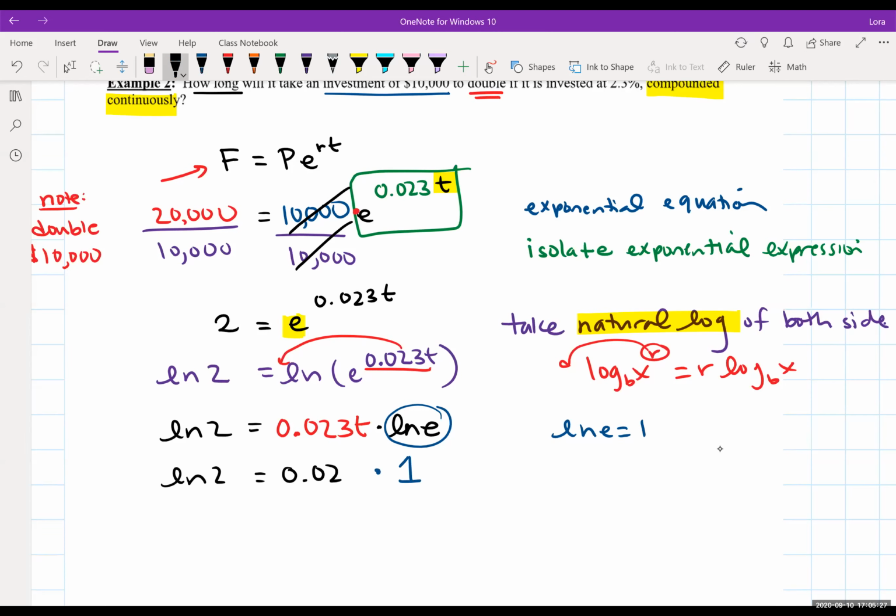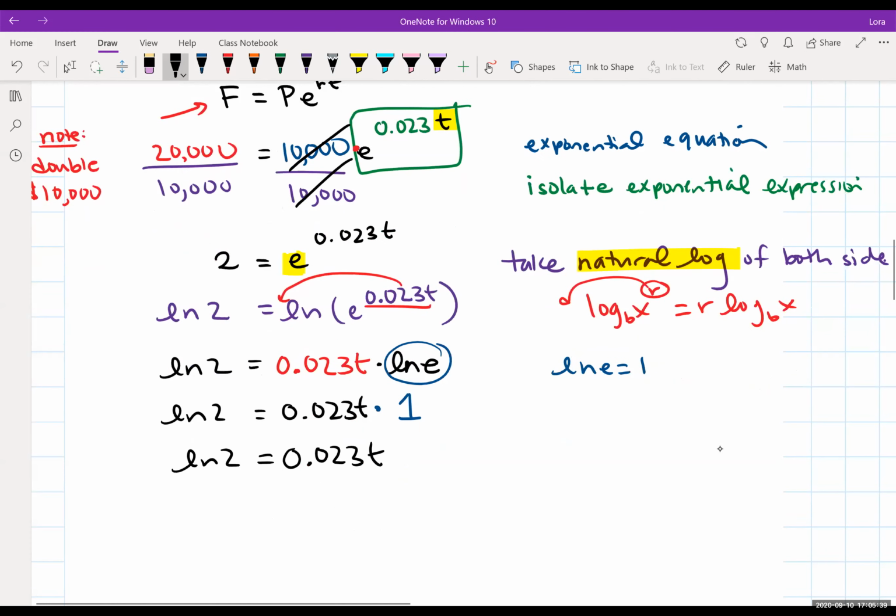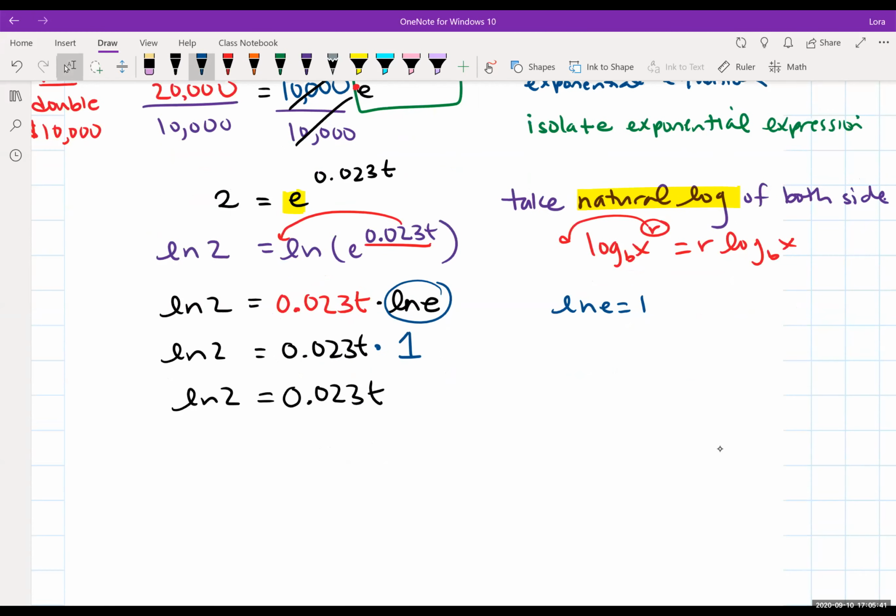We have 0.023t times 1, which is the same thing as 0.023t equals natural log of 2. And then if you're solving for t, all we have to do is divide both sides by the coefficient, 0.023. So here we get t equals natural log of 2 divided by 0.023.